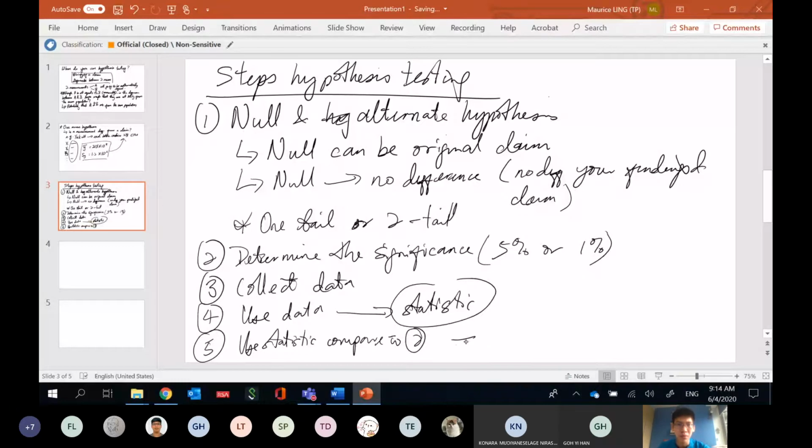From then on, you go to step 6, you do your interpretation. So all hypothesis testing follow these 6 steps. The only difference will be your null hypothesis, alternate hypothesis, and how you calculate the statistic. Okay, so whether it's a t-test, ANOVA, or any other test, these are the 2 main steps that are different.